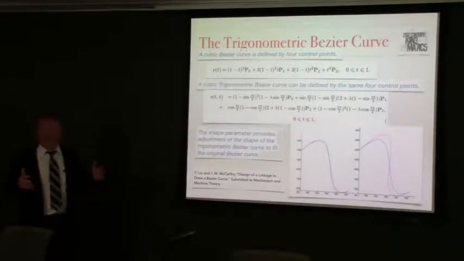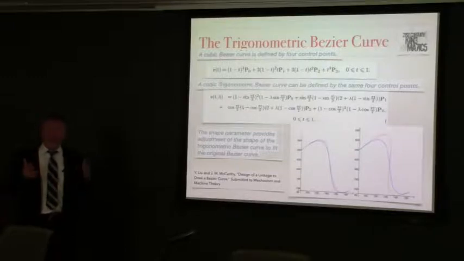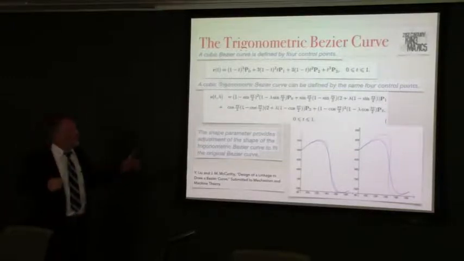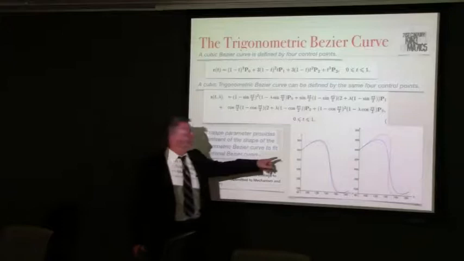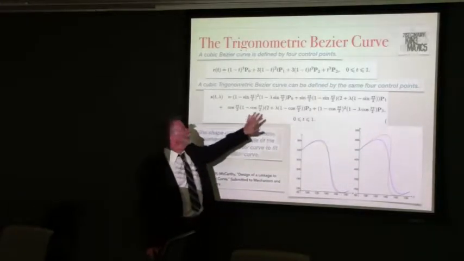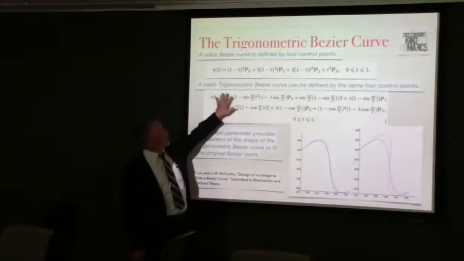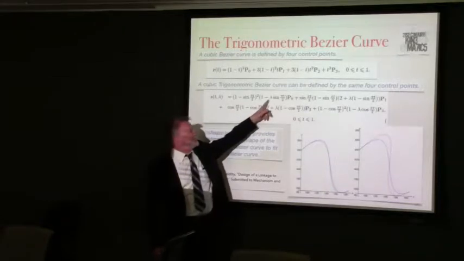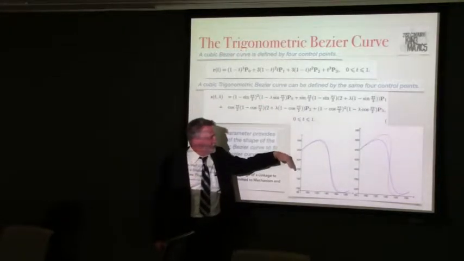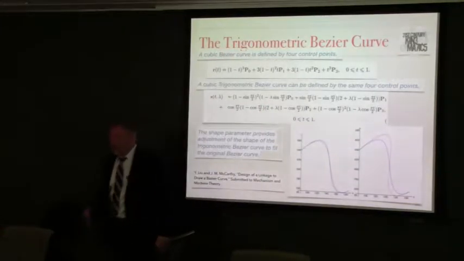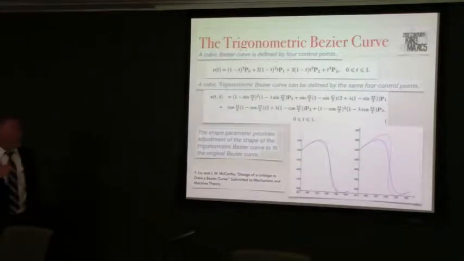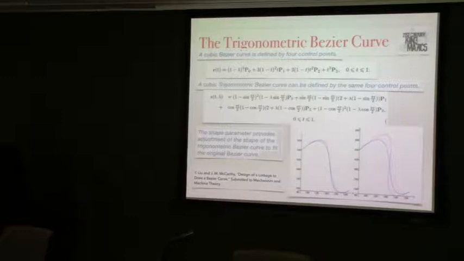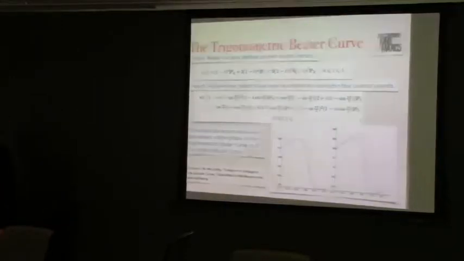So if you take a Bezier curve and represent it as a trigonometric curve, we can now design a mechanism that will draw it. What I'm showing you here is the standard representation of a Bezier curve that has this parameter in it that you can use to change its shape. It provides a slight change in shape. And we would use that parameter so that we could reduce the complexity of our linkages.